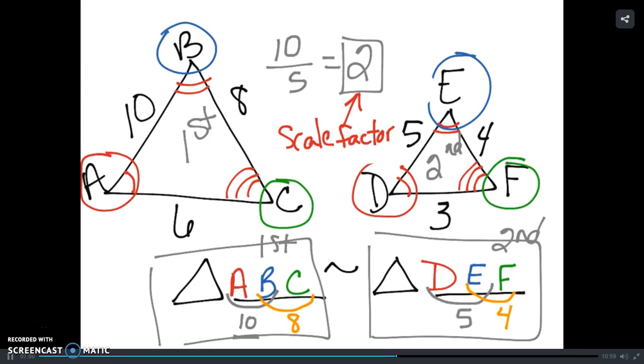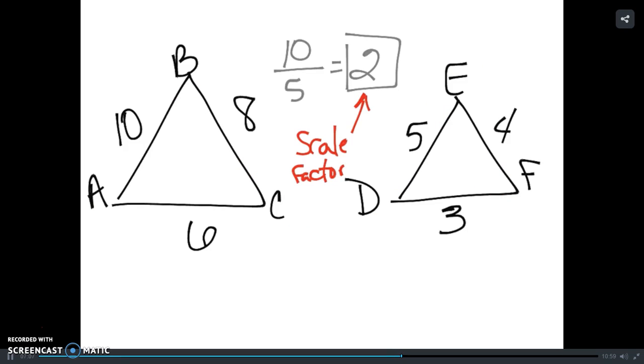Okay, now let's look at why order matters. I'm going to erase some of this extra writing. Okay, I got rid of a lot of that extra drawing that was making things a little confusing. When we look at this, which one is first and which one is second is really important.